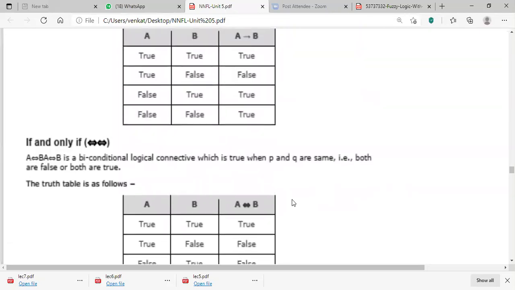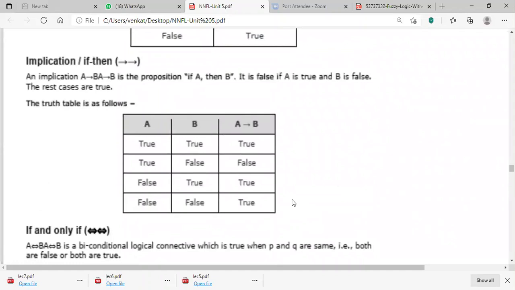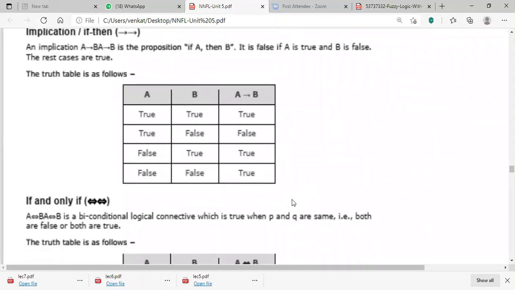Okay. In the previous case, implication, based on B value, your implication if then condition is given out.